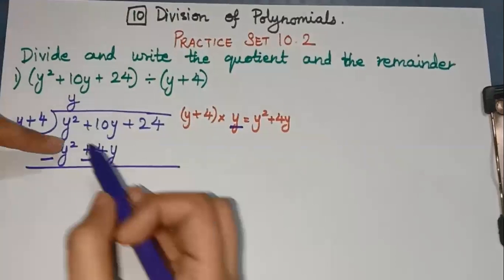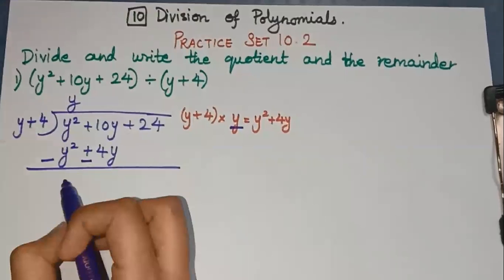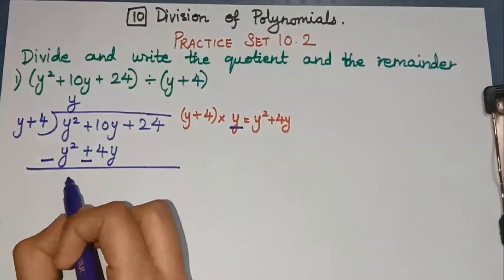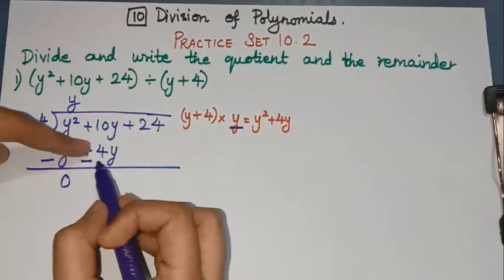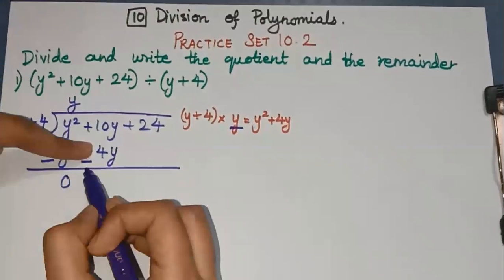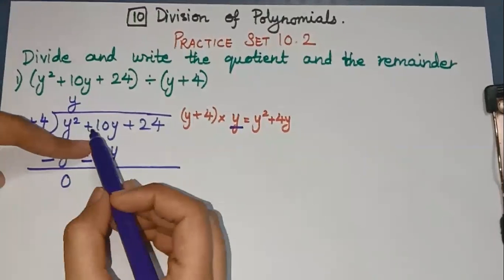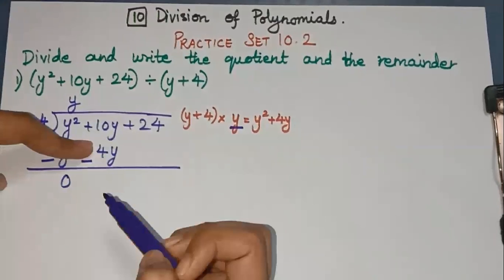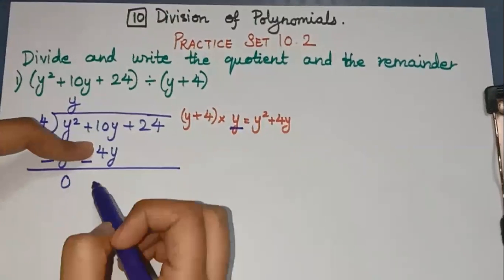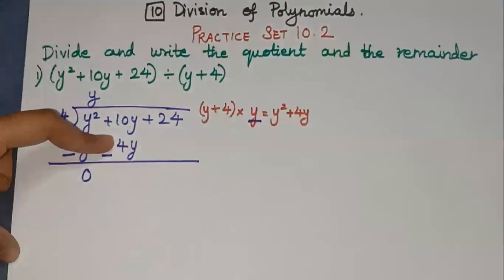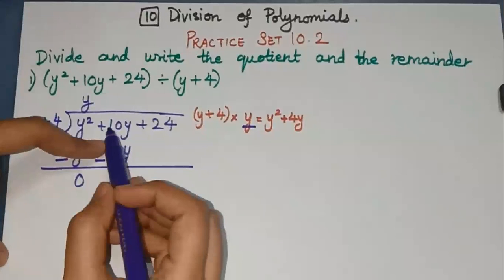So y square minus y square is 0. So your answer is 0. And here this positive sign is changed to negative sign. That means plus minus will give you a number that will be subtracted. So you will have to perform subtraction over here.